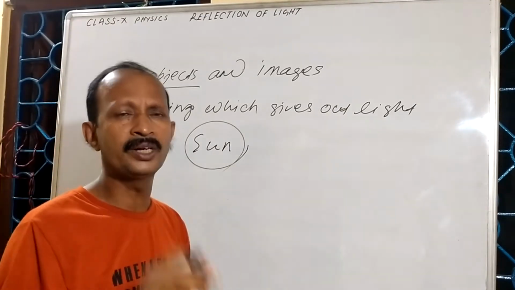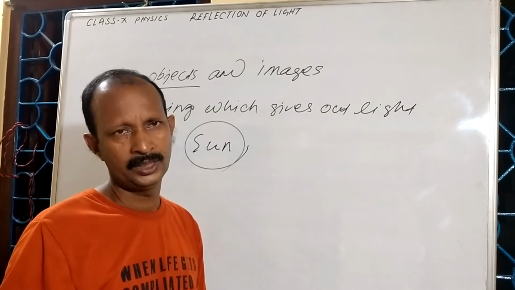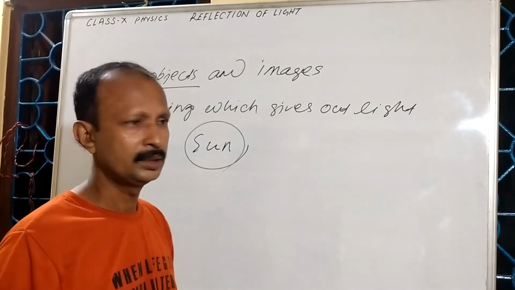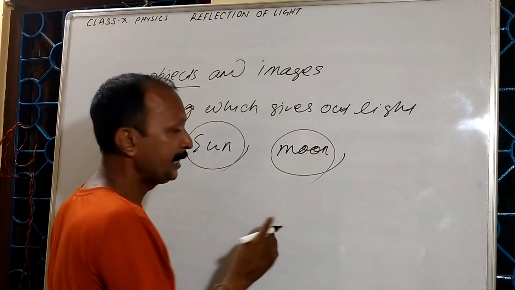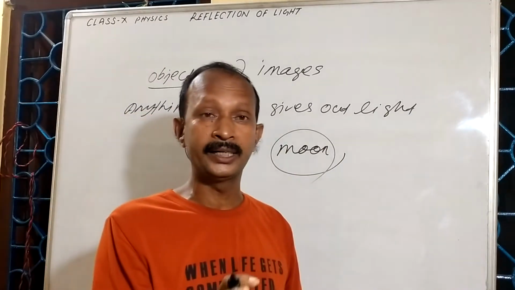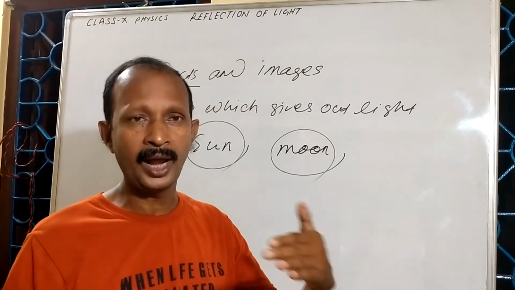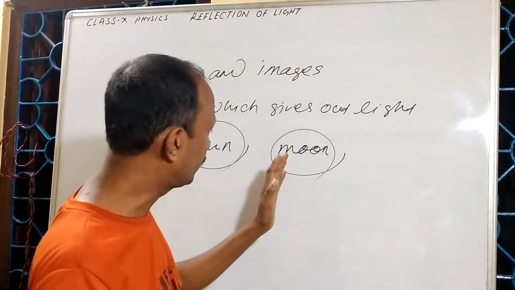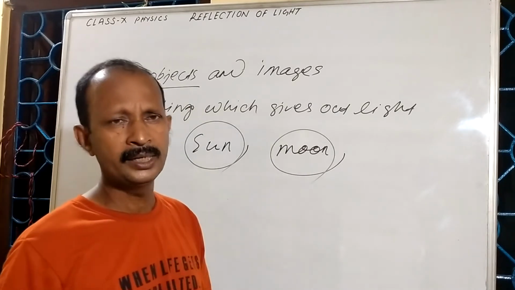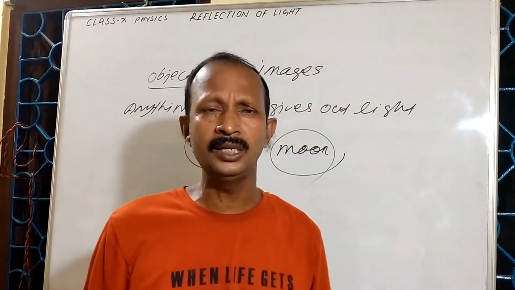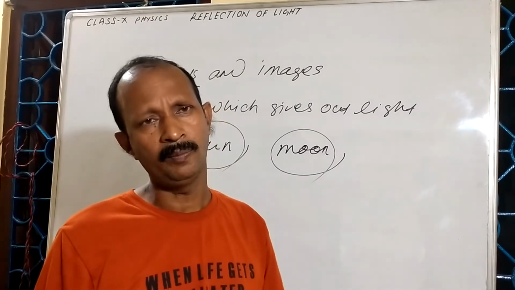So I can say the sun is an object. Suppose the moon, it does not produce its own light, but it reflects the light coming from the sun. So I can say that the moon is an object. So that's why I said that anything you can see, we can say is an object.